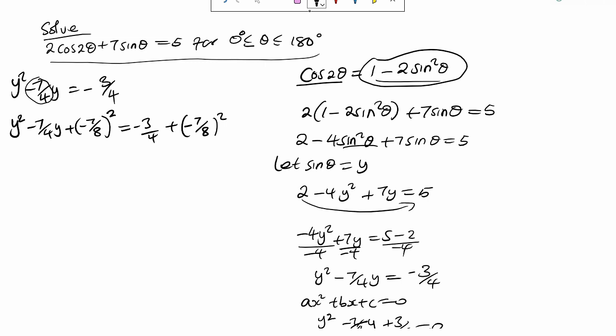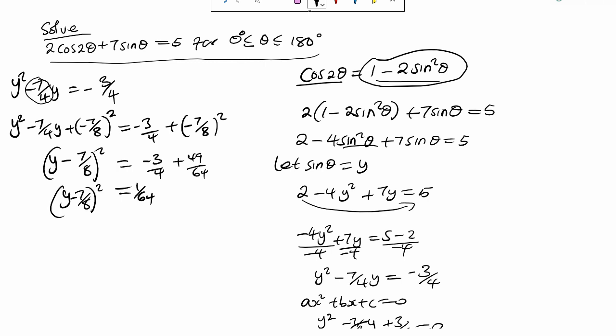Now I'm having a perfect square of y minus 7 over 8 everything squared, and this equals what I have on my right hand side: you take negative 3 over 4, add to 49 over 64, and that simplifies to 1 over 64, and this equals y minus 7 over 8 everything squared.